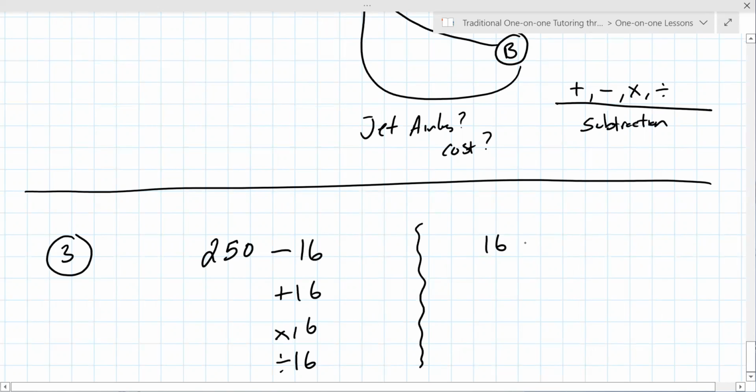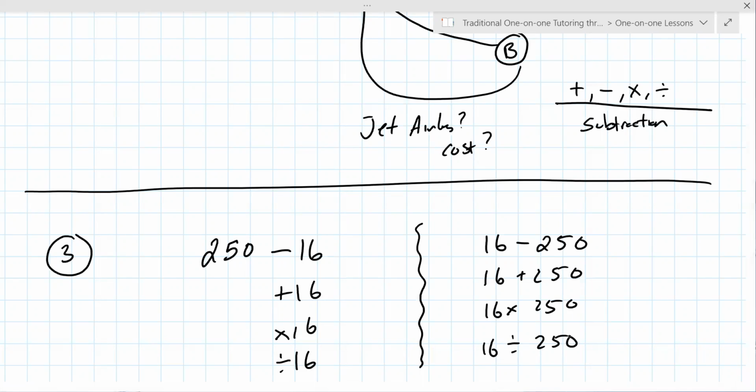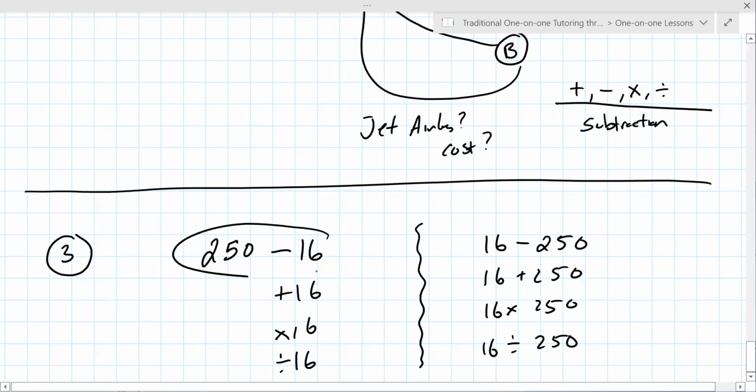Yeah, and sometimes when you write them all out, which I don't necessarily want you to do, some of these don't even make sense. Yeah, that would be like a ton of money. This times 16. It's not even reasonable, but there are problems like that. Like if it was a trip to the moon, it would obviously be a lot more expensive than a trip to there. So yeah, this is the correct one, and you have to perform that math operation.